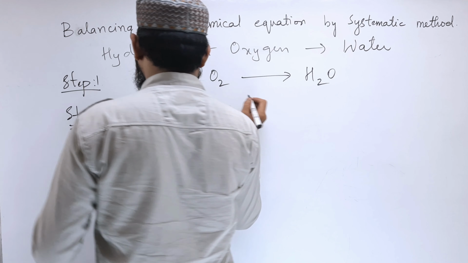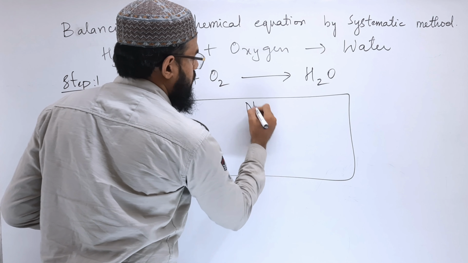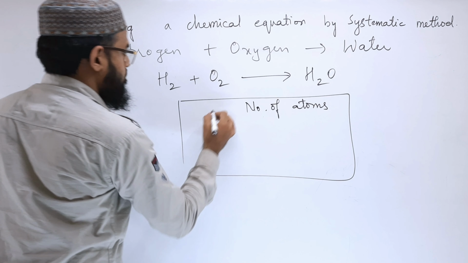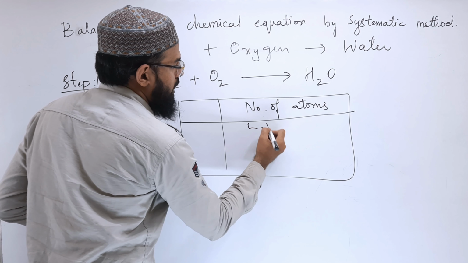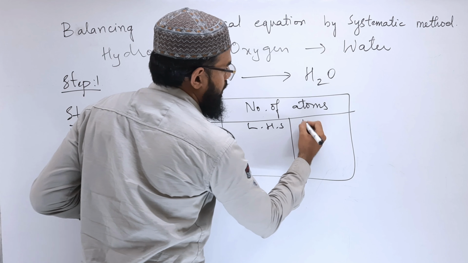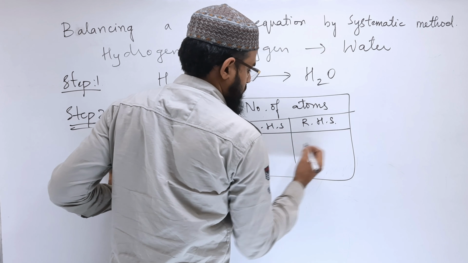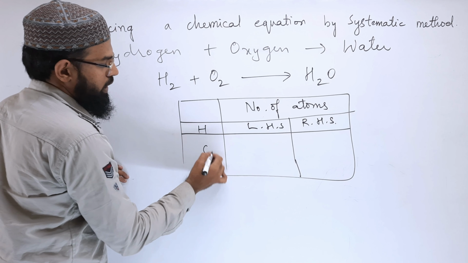Then next we will write these ratios: the number of atoms on LHS and RHS, for hydrogen and oxygen.